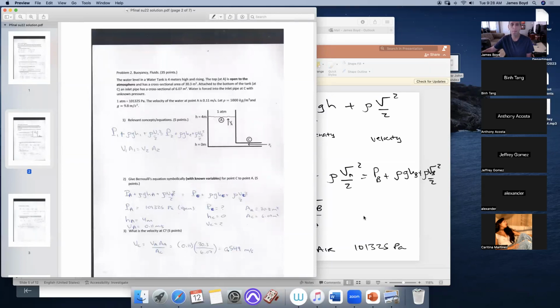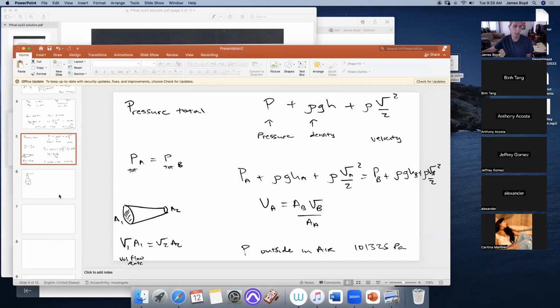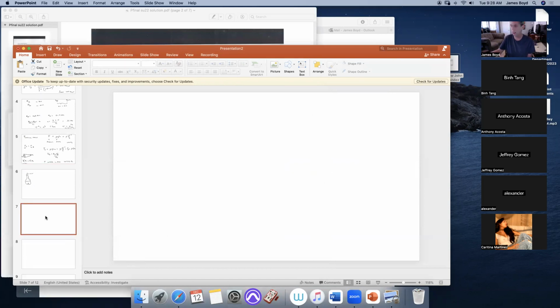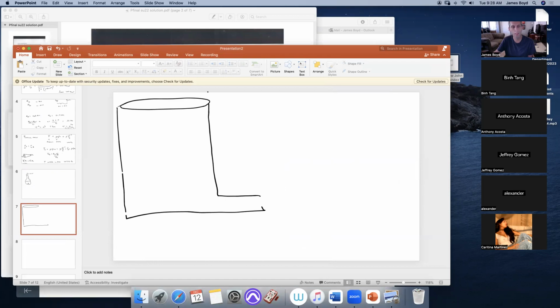So the first step to do this is you write your variables. We have this water up here at A that's open, and this at the bottom.